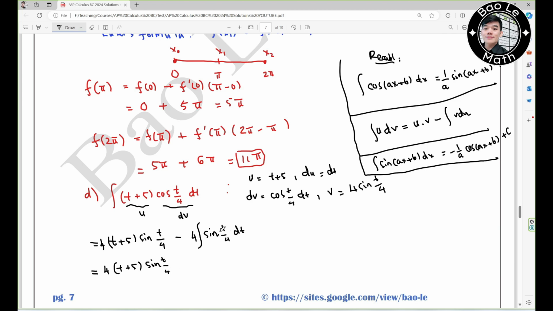This one when you integrate it turns out to be negative, so negative turns out to be positive. 1 over 4, which is 4 times 4 is going to be 16, so 16 cosine t over 4 plus c. Alright, and this is the answer for question D.